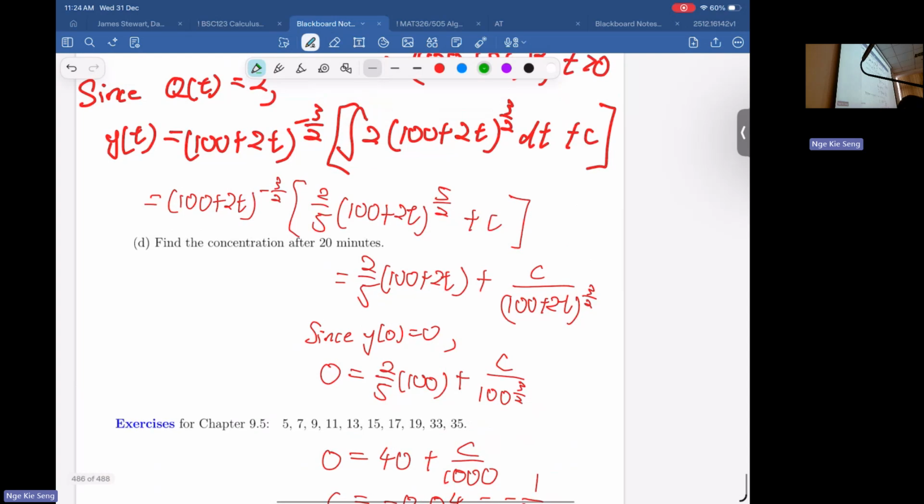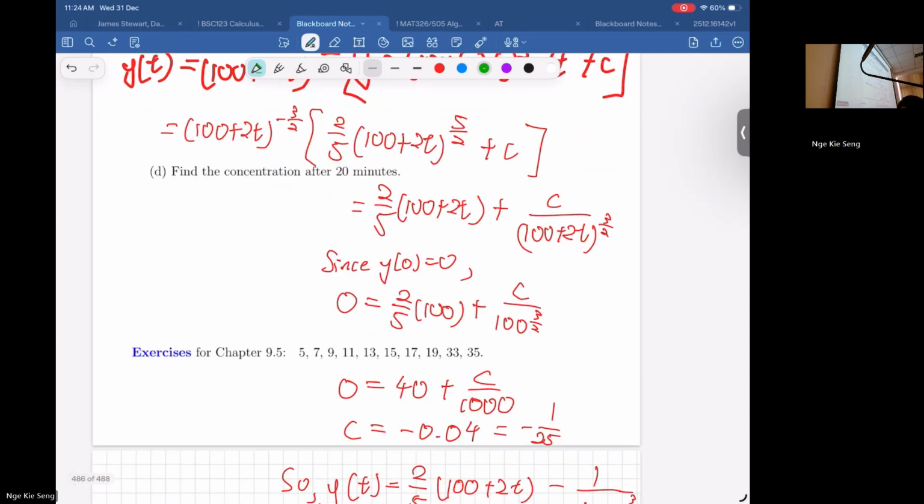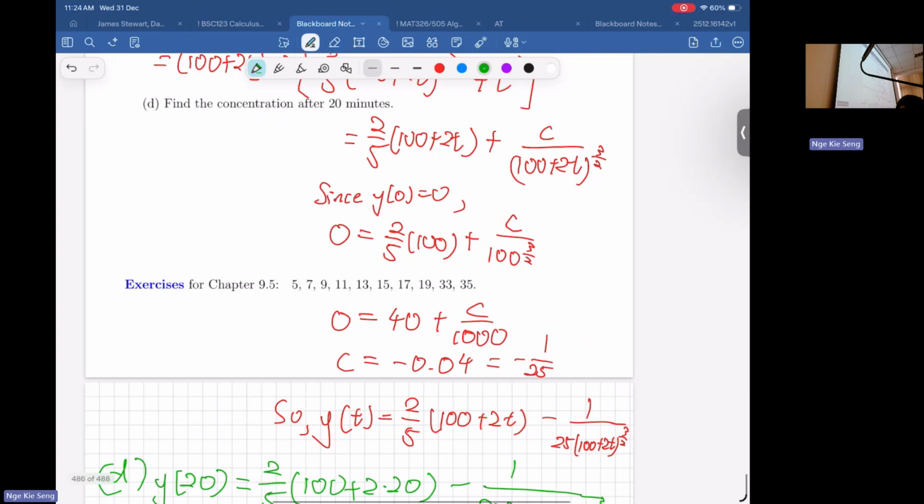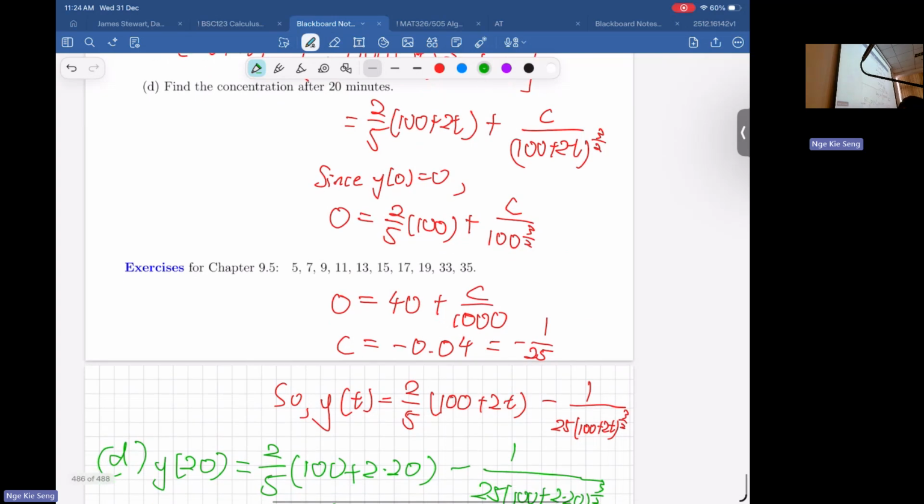Hopefully we don't. Let me see. Sometimes if the answer looks weird, maybe we made a mistake. The square root becomes 10 and then 10 cubed is 1000. I think we made a mistake again, a stupid mistake.